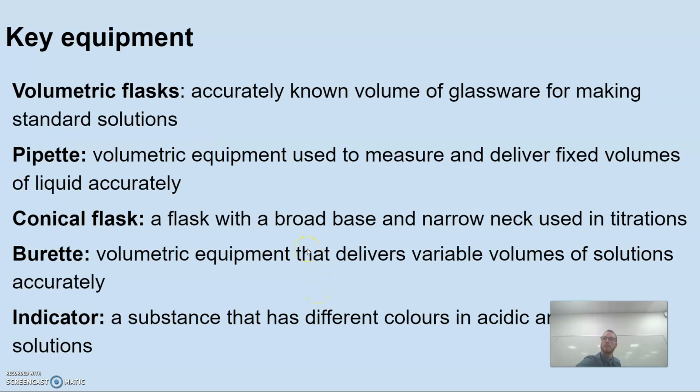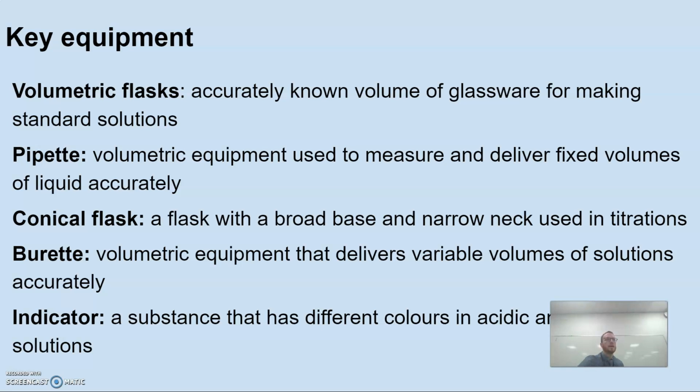Key equipment, as we've listed just now: volumetric flasks, accurately known volume of glassware for making standard solutions. That's what we use it for. Pipette, accurately delivered fixed volumes, to about the nearest 0.01 of a mil. They're very accurate pieces of equipment, and we can even calibrate them depending on the temperature and using distilled water.